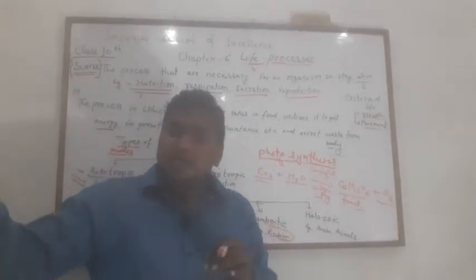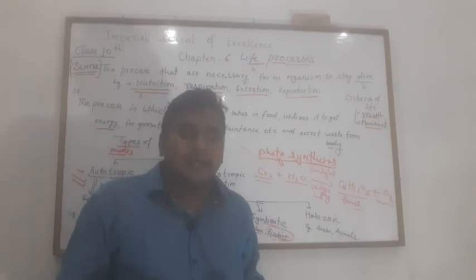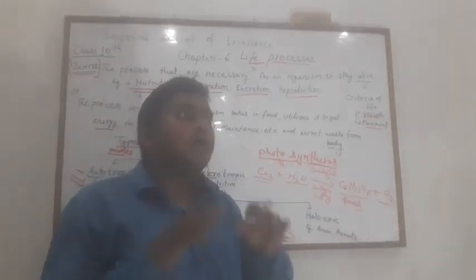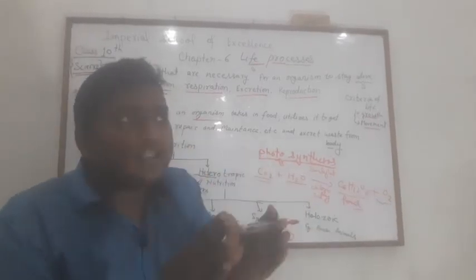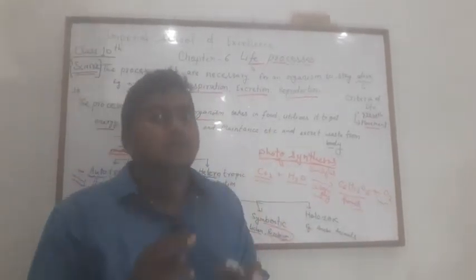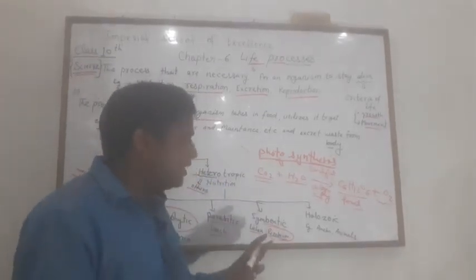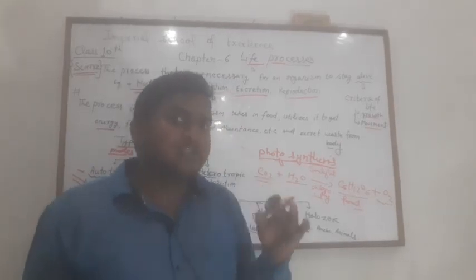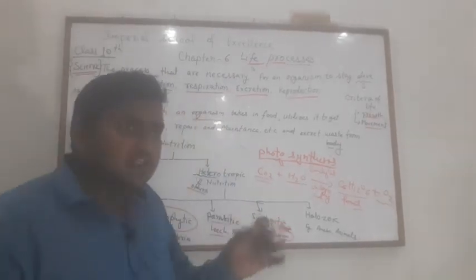The green plant gives the nutrition to the rhizobium, and rhizobium makes the soil more fertile by nitrogen fixation. So this rhizobium does the work of nitrogen fixation, and it makes the soil fertile.